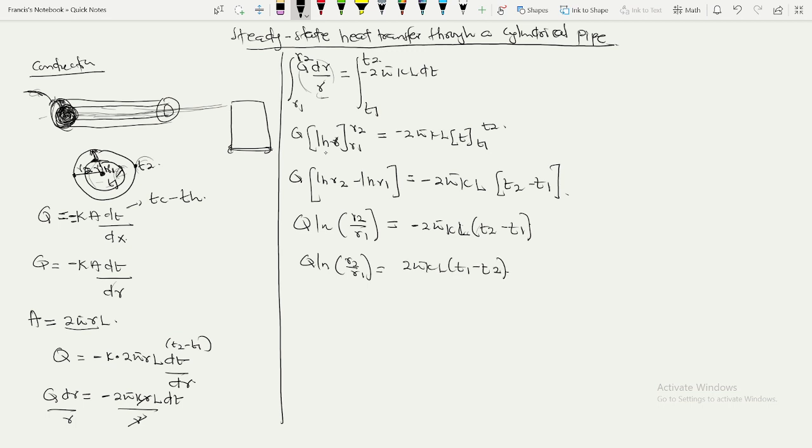Because you are negating through. This is at a lower temperature, this is at a higher temperature, and it's supposed to be the higher temperature minus the colder one. And then our Q becomes 2 pi KL T1 minus T2 all over ln R2 over R1.